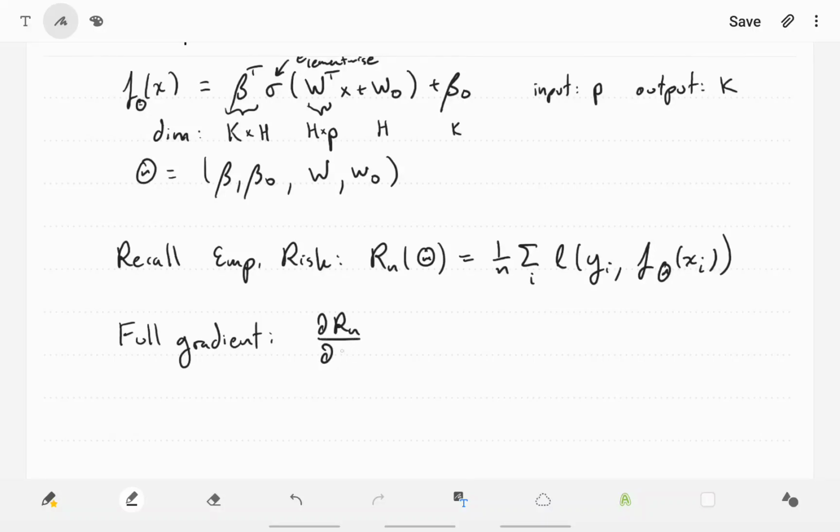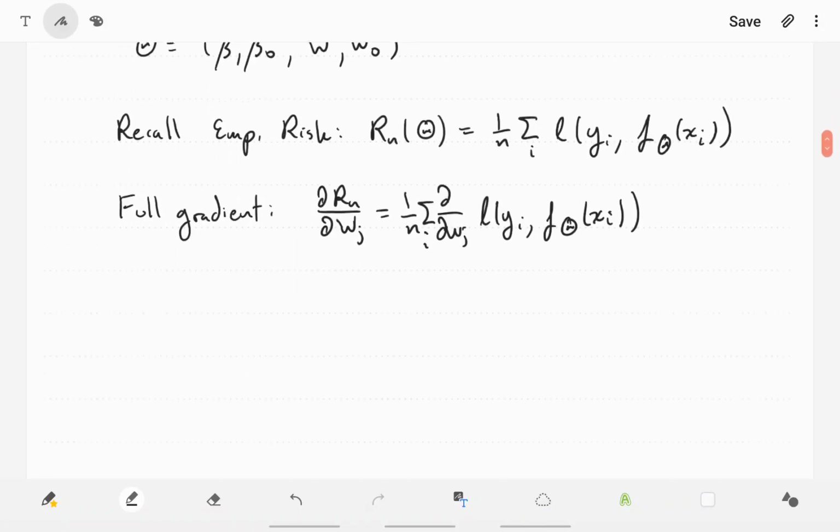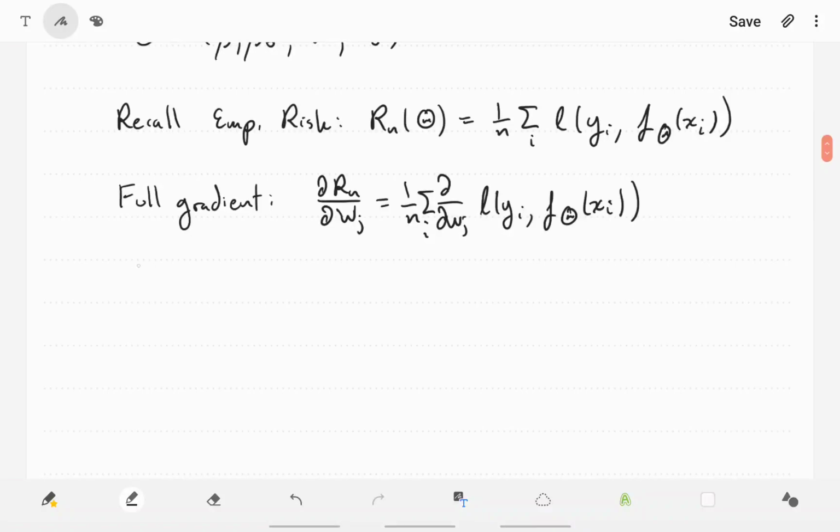Or let's just use one of these, for example Wj, the jth column of W, is equal to 1 over n, partial over partial Wj, sum over i of the loss, yi, f sub theta of xi. Right? And we're accustomed to doing this with linear f, but of course f is nonlinear now.